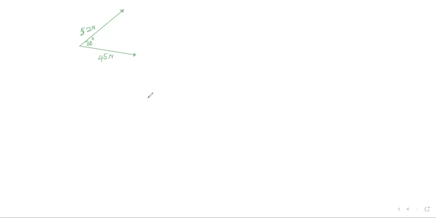Now, the trick here is for you to know that you can take a vector and put it anywhere as long as you maintain the magnitude and the direction. So we can take this 45 and put it there.